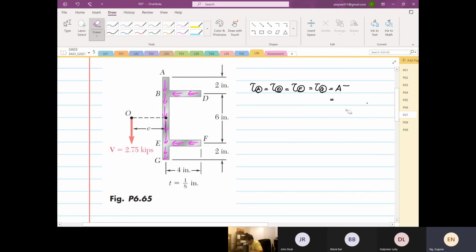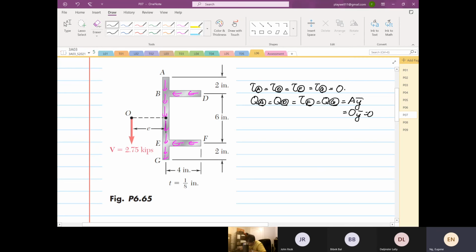What am I talking about? So for all this, sorry, it is equal to 0. Why? Because the Q at point A is equal to the Q at point D, equal to Q at point F, equal to Q at point G, because this is equal to A y bar, and the A is equal to 0.